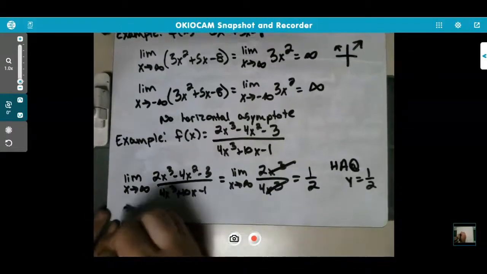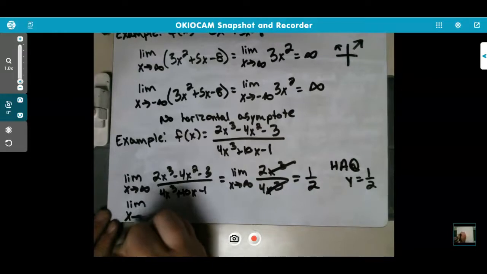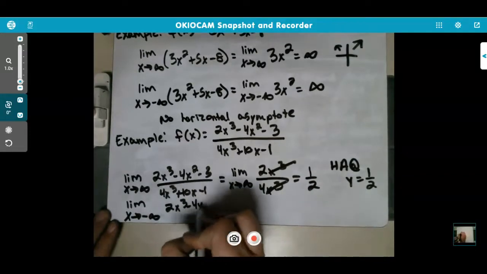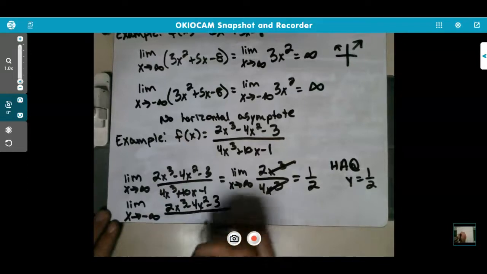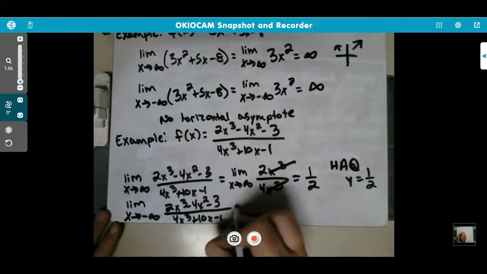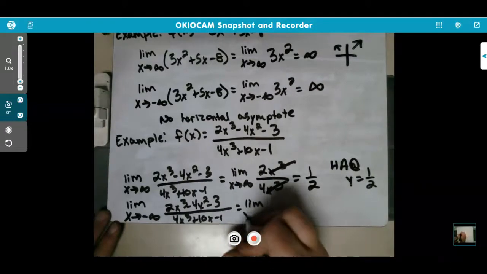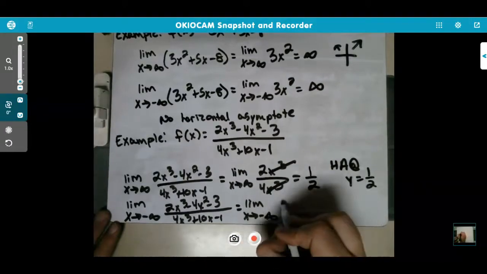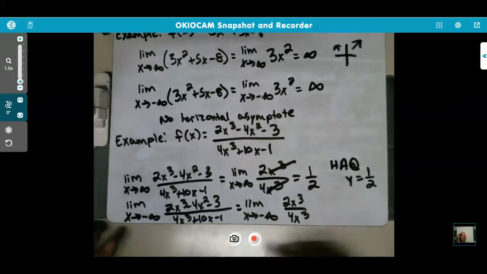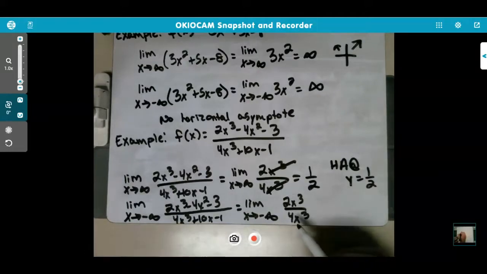So now looking at the left side, do the same thing but negative infinity. I'm just rewriting it. 2x cubed minus 4x squared minus 3 over 4x cubed plus 10x minus 1. Again, we only need the largest one, negative infinity. So on the top, that's 2x cubed. On the bottom, that's 4x cubed. Remember, since my sign has switched now, I've got to think about this.